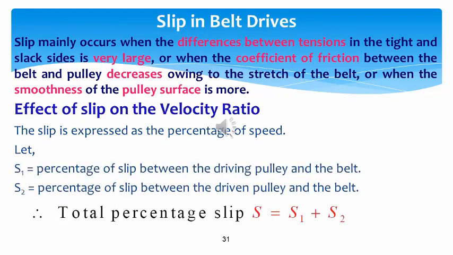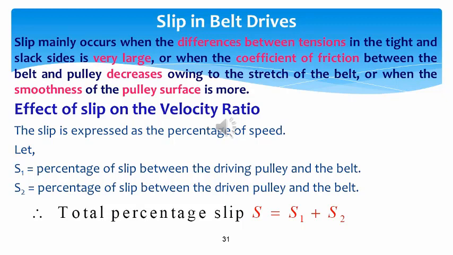So the next part is slip in the belt drive. Slip mainly occurs when the difference between tension in the tight side and the slack side is very large, or when the coefficient of friction between the belt and pulley decreases owing to stretching of the belt, or when the smoothness of the pulley surface is more, due to various such reasons. The effect of slip on the velocity ratio will be seen in the slide, and we shall try to mathematically formulate it.